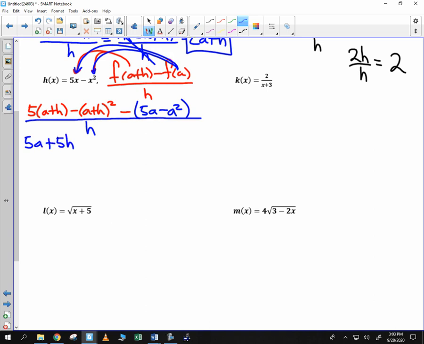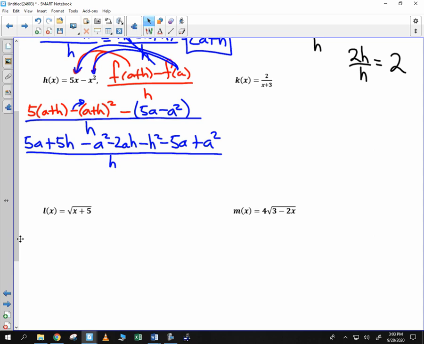Multiply it out. 5a plus 5h minus a squared. I'm going to distribute that negative all the way through after I multiply it out. Minus 2ah minus h squared minus 5a plus a squared, all over h. The a squareds are gone. The 5a's are gone.